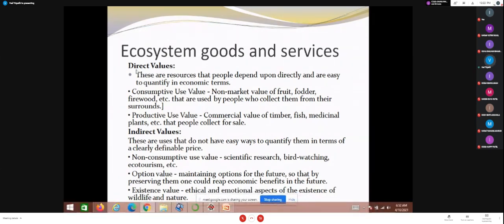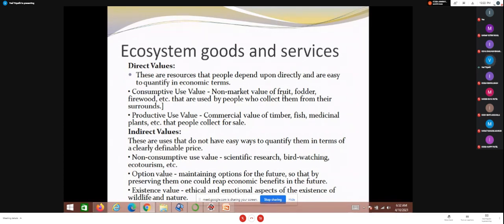These values are direct values and indirect values. We have consumptive value. I think we discussed this in context to forest resource, that there is some consumptive use, for the non market value.